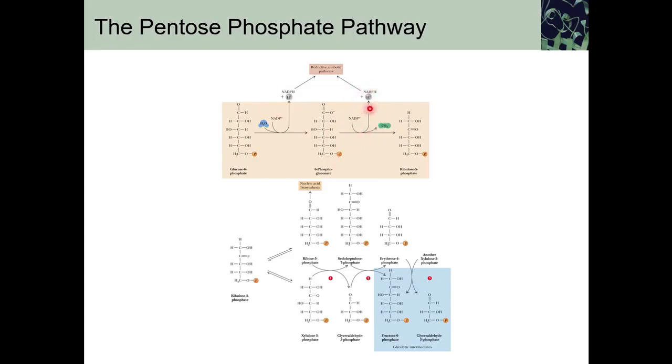So that means that your cell will have no defense against free radicals, and therefore your red blood cells will be subject to wholesale destruction. It will just simply fall apart and be destroyed as a result of the presence of oxidizing agents like radicals and so on and so forth.